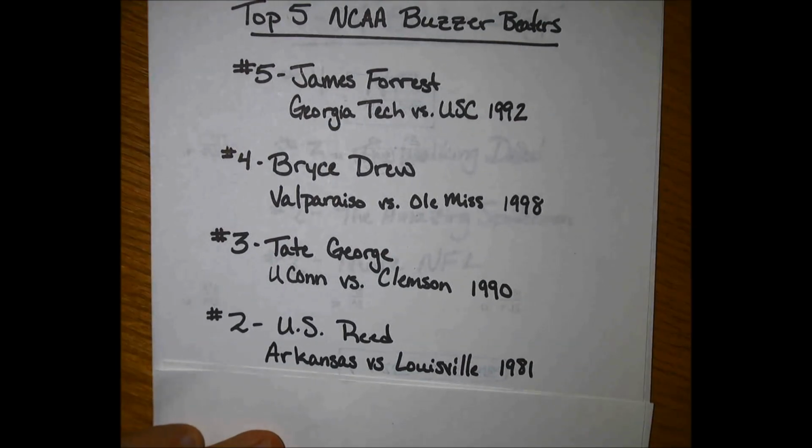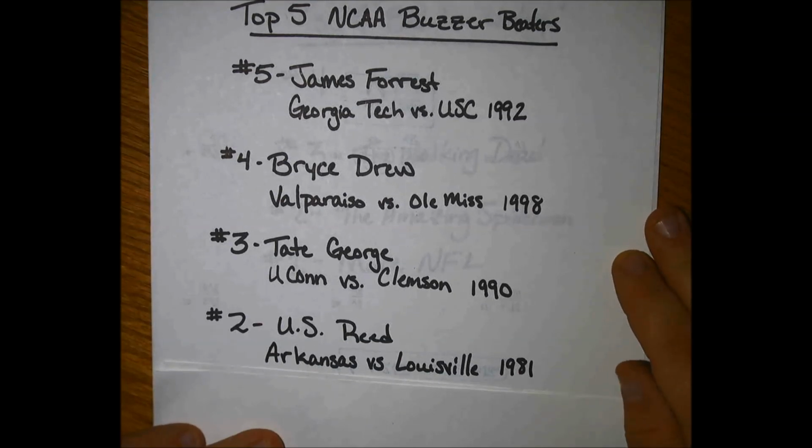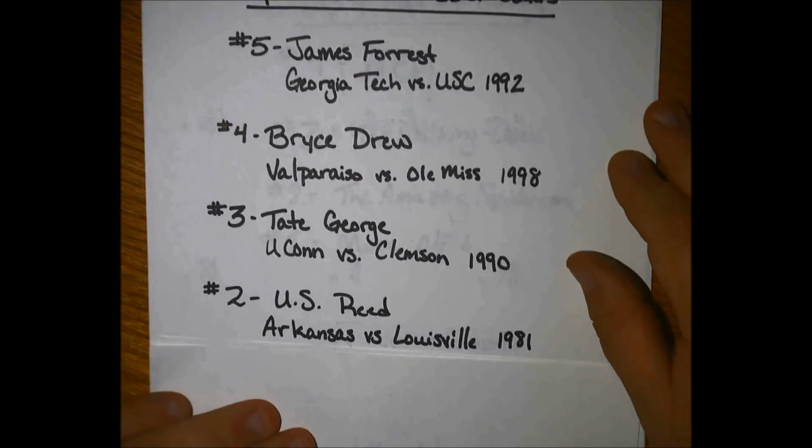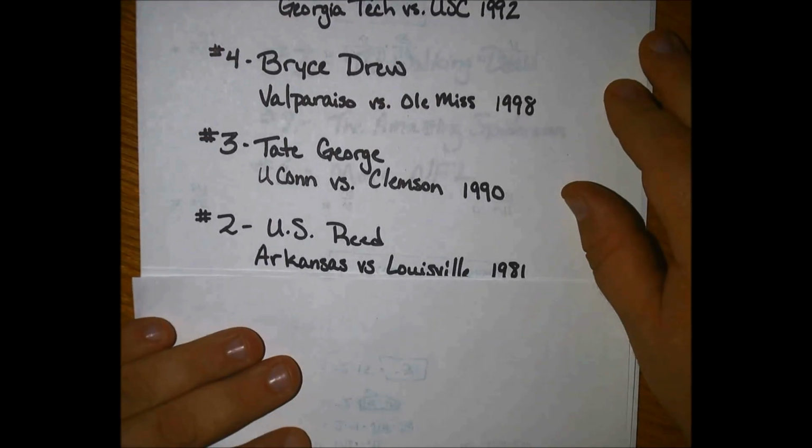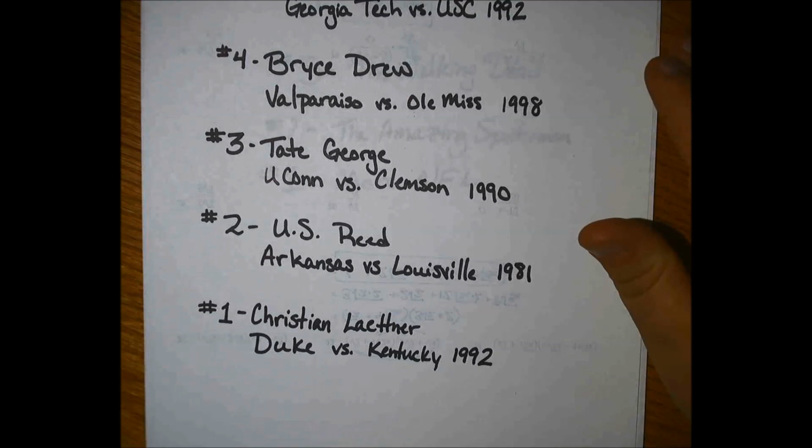Okay, for the top 5 buzzer beaters in the NCAA tournament, we had number 5, James Forrest, number 4, Bryce Drew, number 3, Tate George, and number 2, U.S. Reed. For this last one, it's probably one of the most iconic moments in tournament basketball: Christian Laettner of Duke taking down Kentucky in 1992.